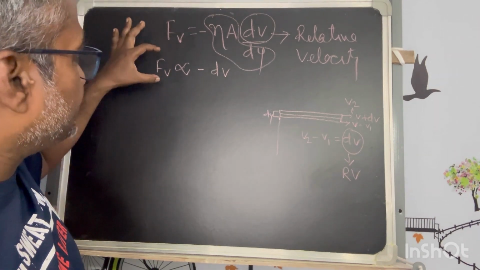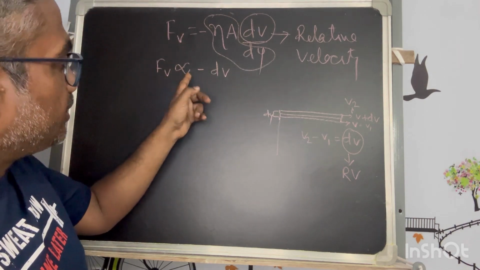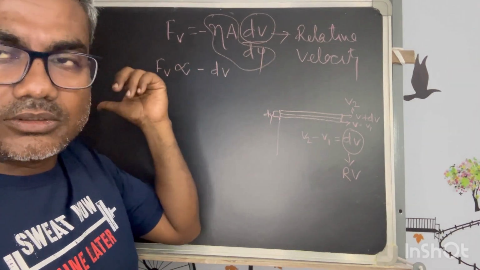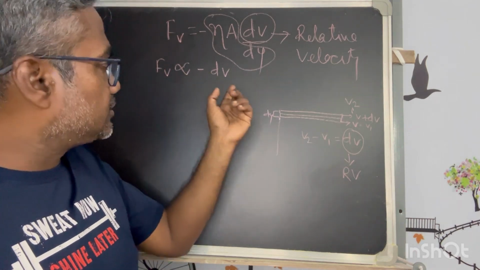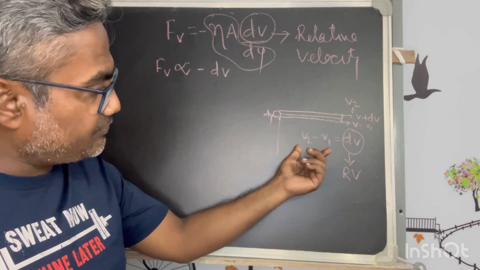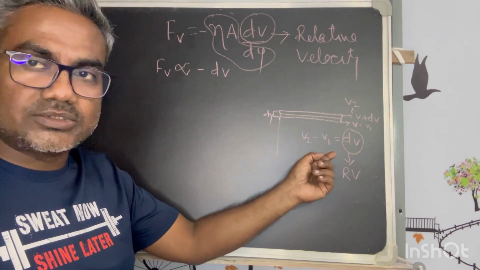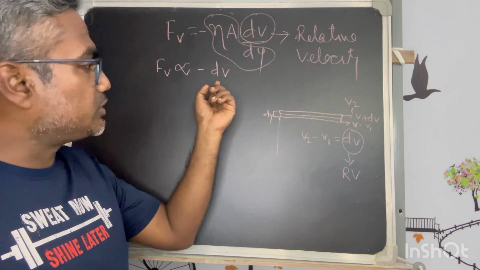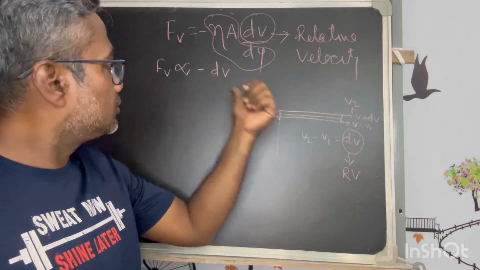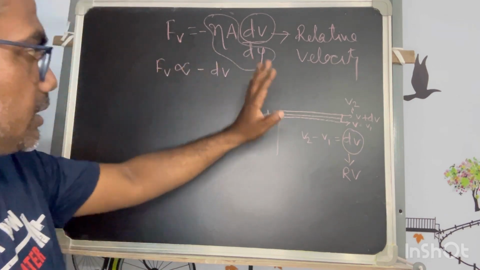So the viscous force between these two layers will vary directly with dV, and with a negative sign, because the differential velocity is always taken as positive, since we subtract the lower velocity from the higher, so Fv acts in the opposite direction, and that is why the negative is coming. So you can understand this much.